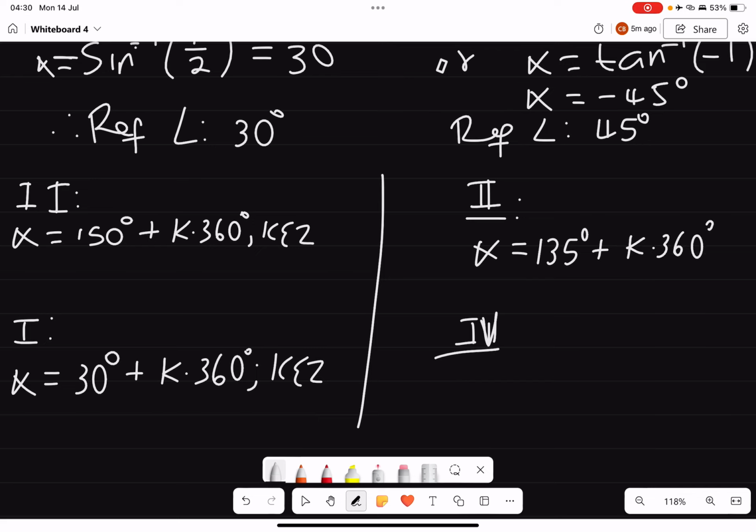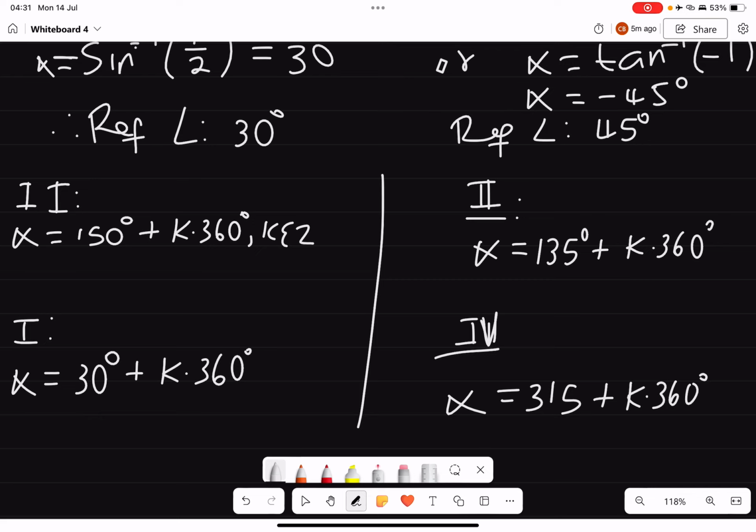You don't always need to show that k is an element of the integers; you can show it once. And in the fourth quadrant, alpha equals 360 minus the reference angle, which is 315, plus k times 360.